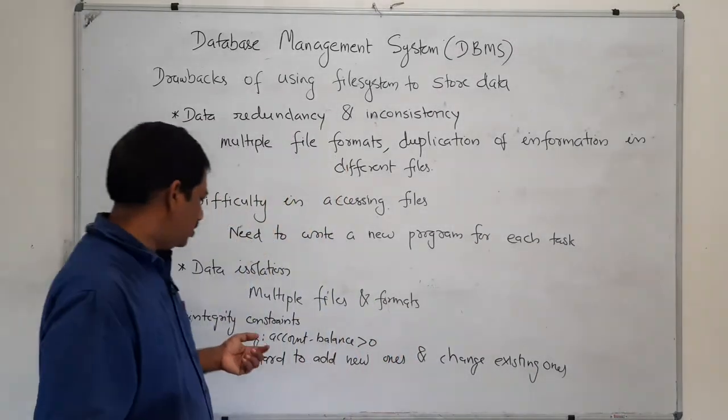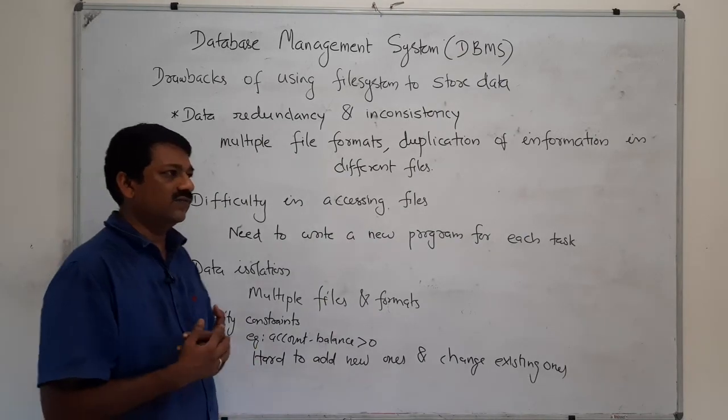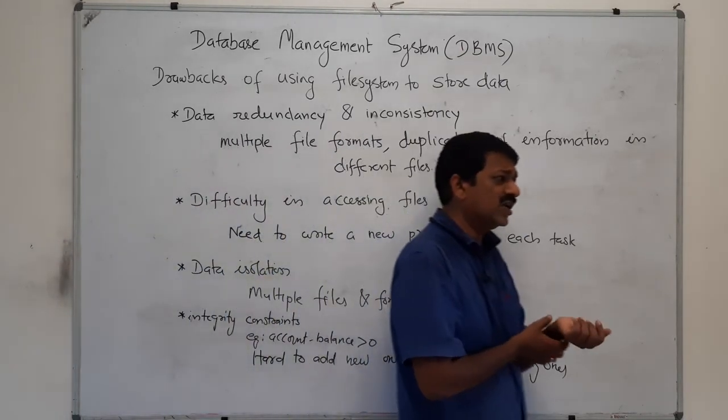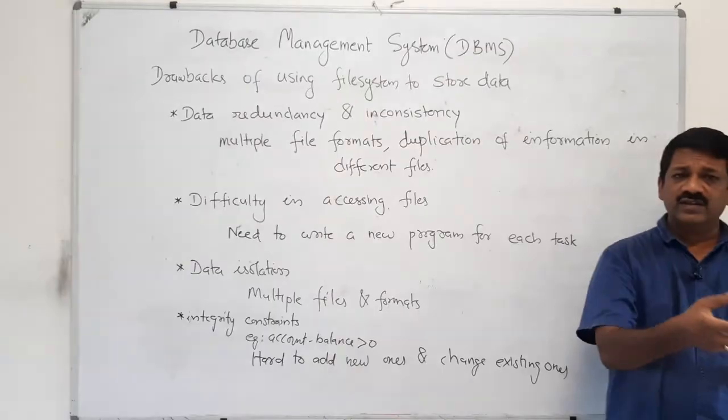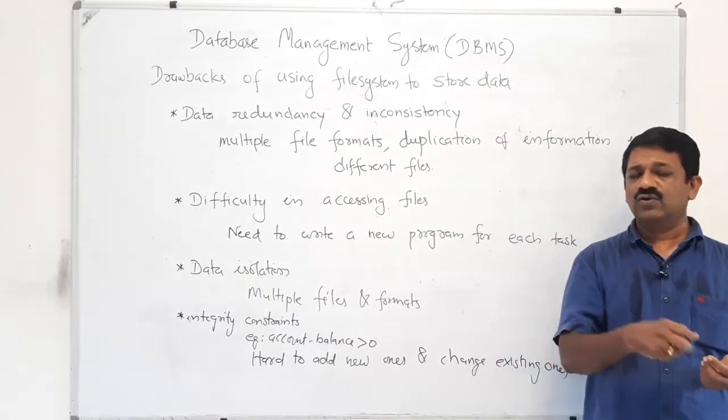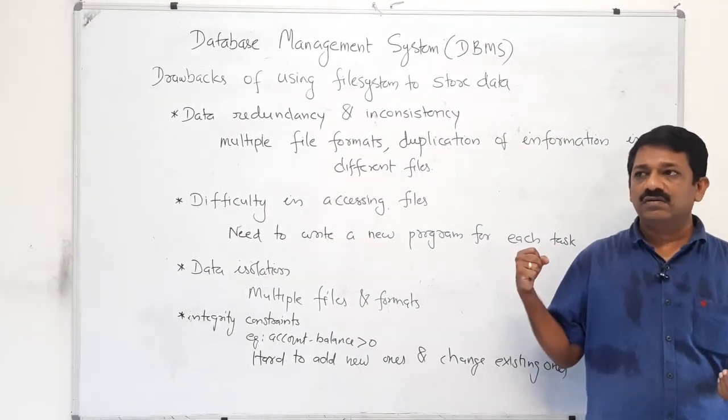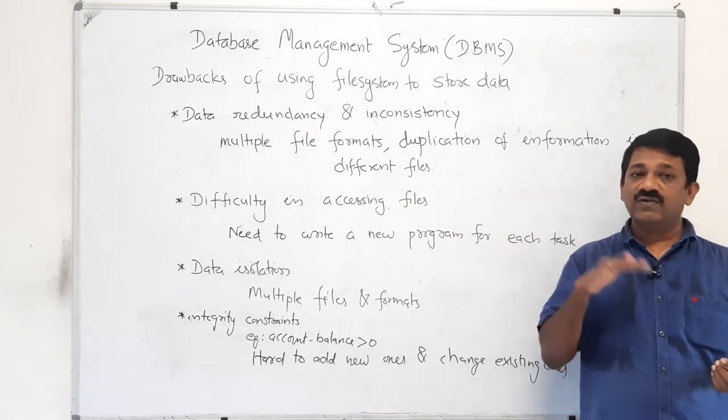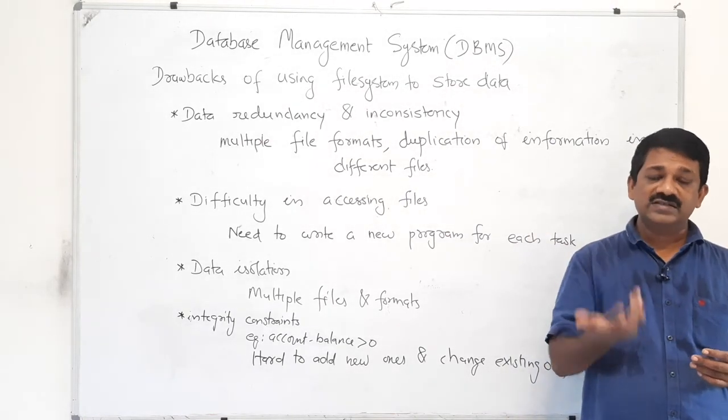Okay. Now, integrity constraints. For example, suppose in a banking database, if you want to withdraw a particular amount, first of all we have to check whether the account balance is greater than zero.